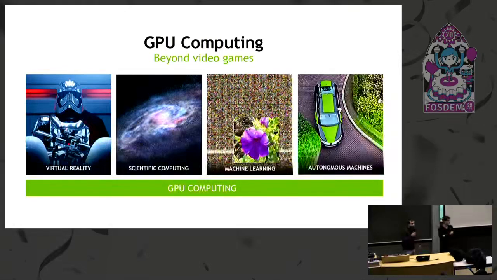You put them in a data center and they just crunch numbers like deep learning or what we call HPC, high performance computing. And on the other end of the spectrum, we even have autonomous machines like robots and self-driving cars, smaller embedded systems that people can use for computer vision and real-time tasks. We call that GPU computing, and you might have heard of CUDA. That's our platform for doing that beyond video games.